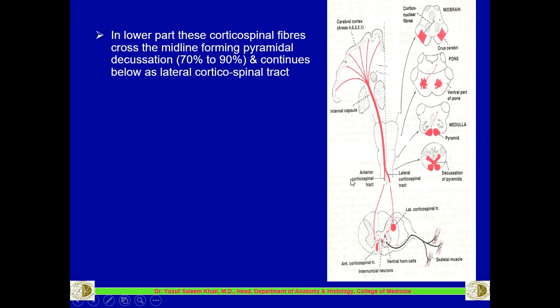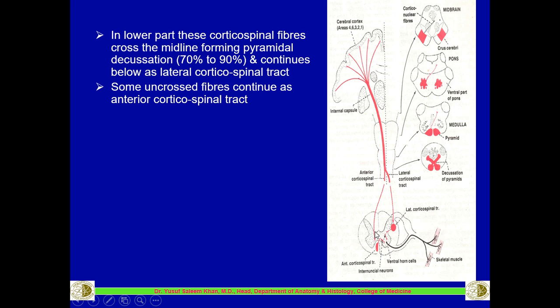If you take a section at the pyramidal decussation, this is how you can appreciate the decussation, and then they form the lateral corticospinal tract. Some of the fibers don't cross, around 10 to 20%, and they go on the same side and form the anterior corticospinal fibers.